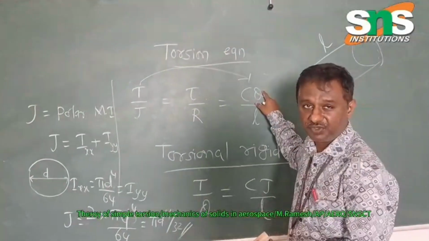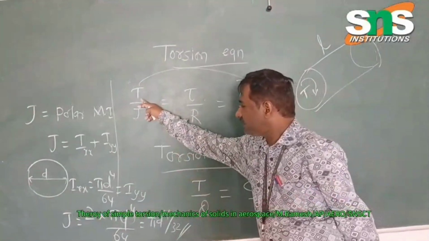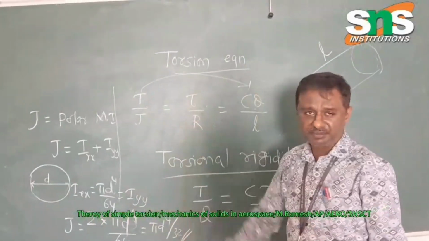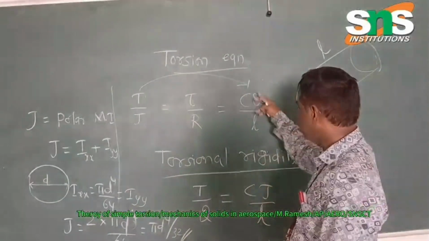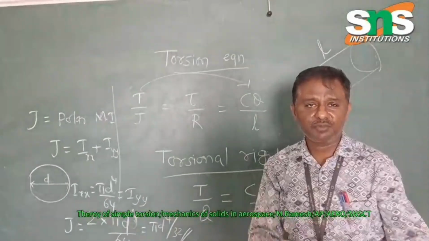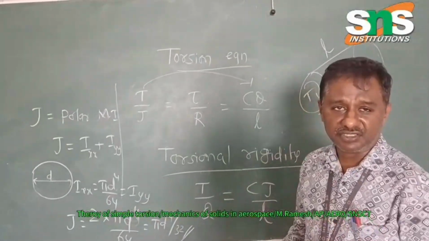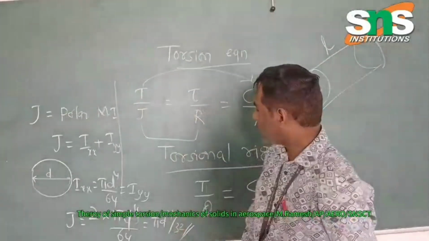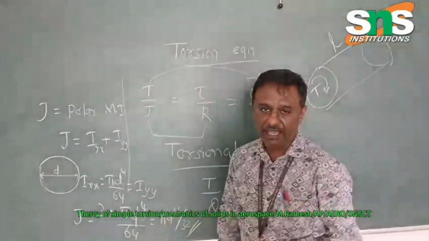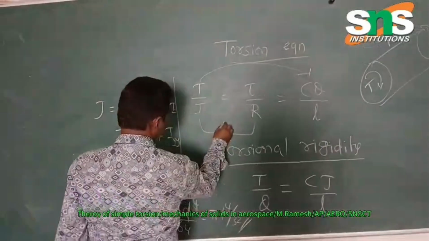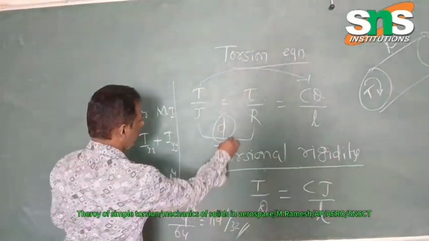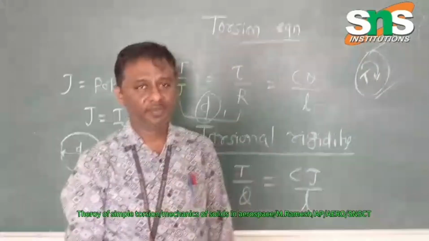So for a given torque, as well as the maximum shear stress and the angle of twist, the diameter can be asked. We can relate this one and the first one too, and we get the diameter for the first section.